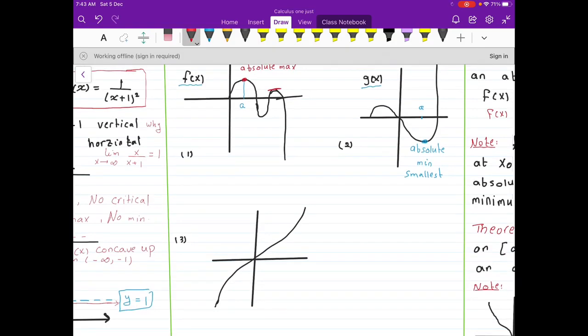If you take this function, obviously this function is continuous on R, but it has no max, no minimum, no absolute max and no absolute minimum.